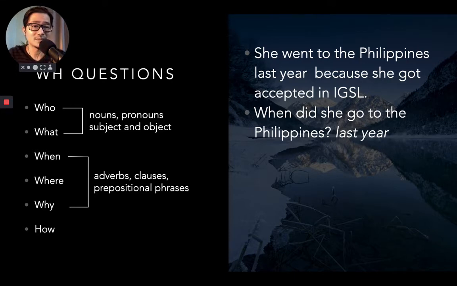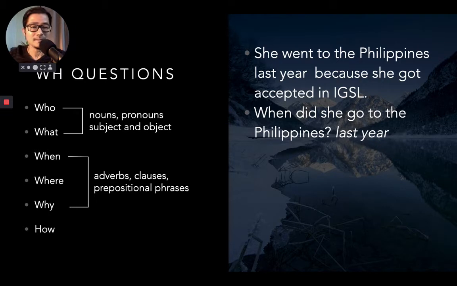So in this case, we didn't change anything. We just changed went to did go. We just added a did, so we had to change went to go into its base form. Remember that? So that's pretty much all that we did.